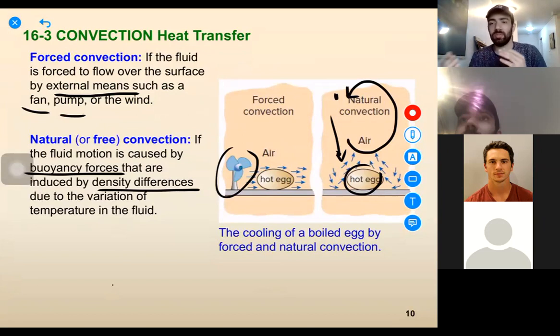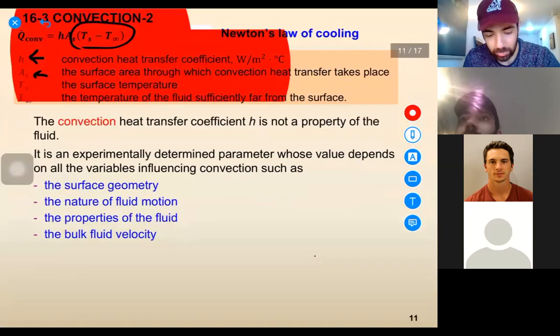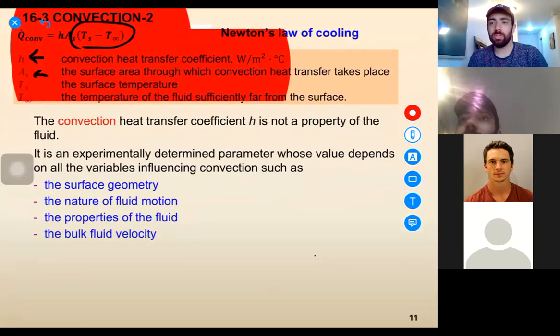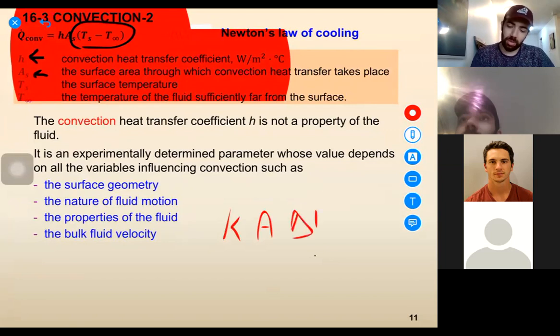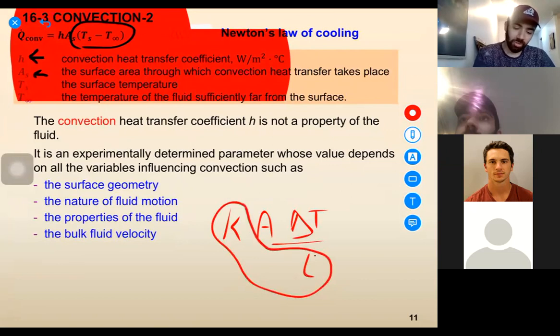There are only differences in density, or the buoyancy forces, which make the heat go from the hotter surface to the colder surface. And the equation for convection is really similar to what we have for conduction. If you remember, it was K times A times temperature difference over length. So instead of K over L, we have H here.